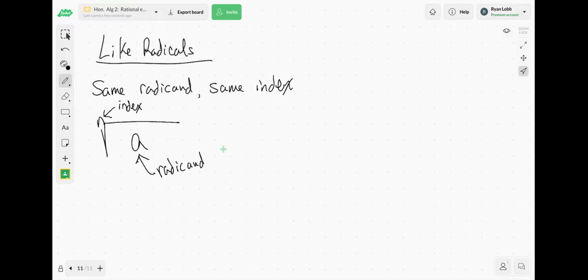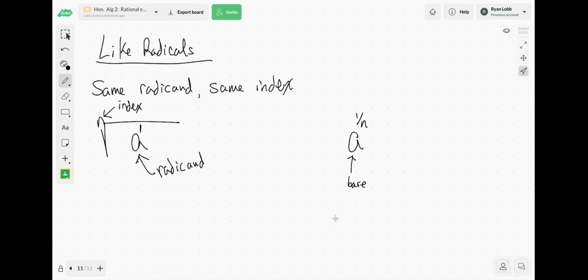Now that's in radical form. If we look at this, this is a 1 here. If we look at this in exponential form, that would be A to the 1 over n. So now, what's the radicand when we look at exponential form? This is now the base.